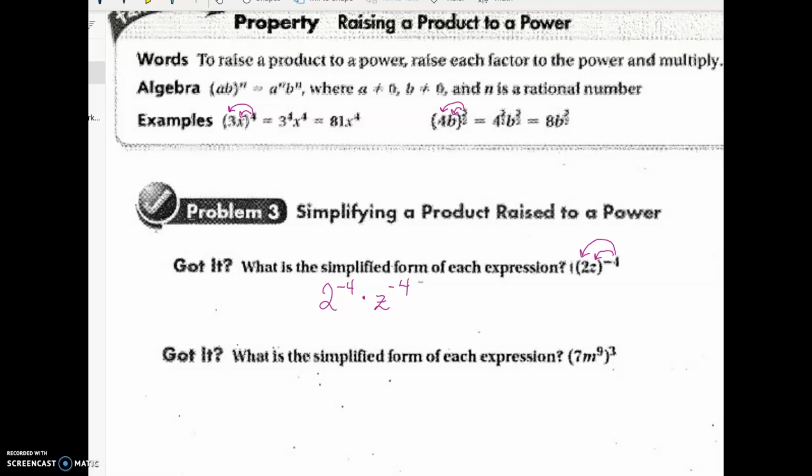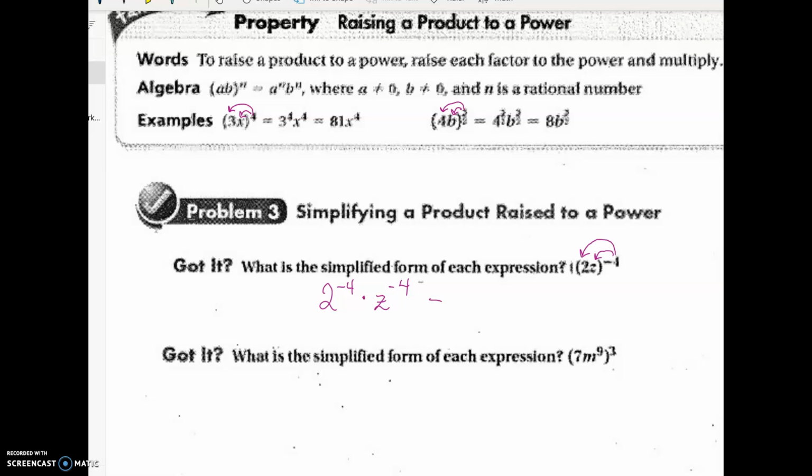And there's a few things you could do here. You could go ahead and flip them to get rid of the negative sign, or you could just find out what 2 to the negative 4th power is. The order can sometimes change as they get more complex, so just keep that in mind.